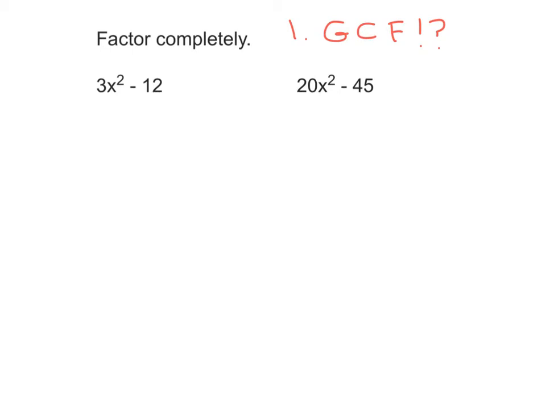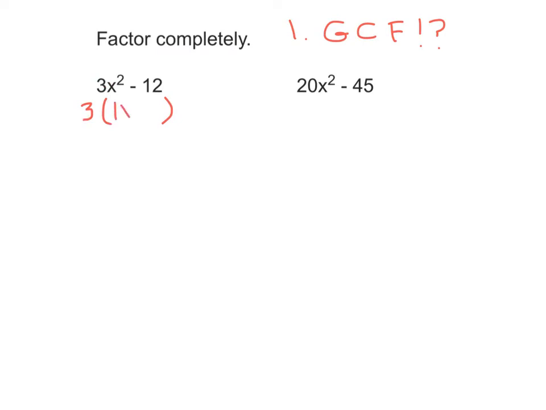Since 3 and 12 are both divisible by 3, that means they have a common factor of 3. This is an x squared term, but this doesn't have an x term. So what we can factor out of both terms is a 3. When I factor 3 out, 3 divided by 3 is 1. We can write the 1 or we don't have to.